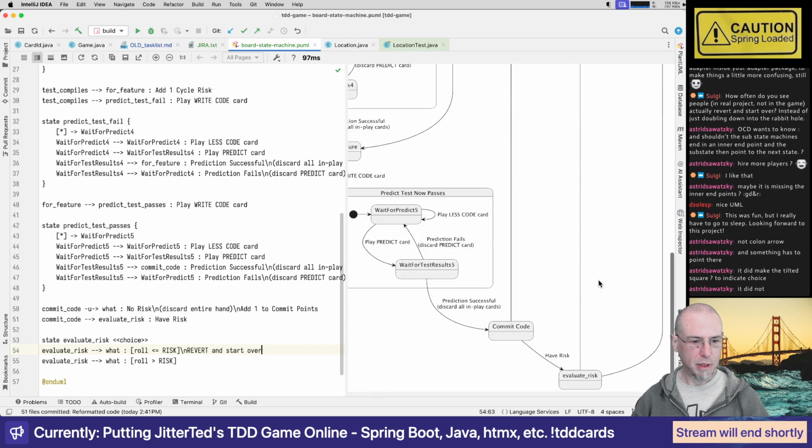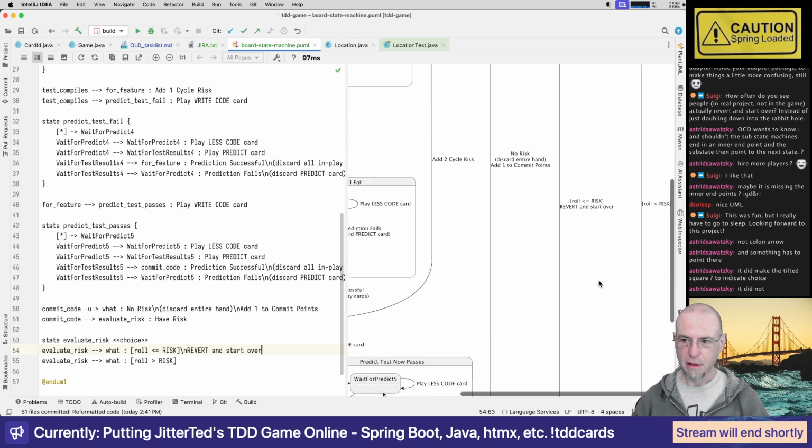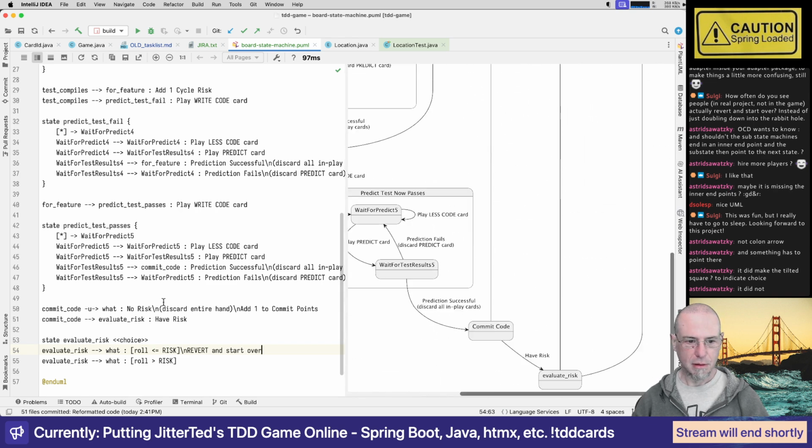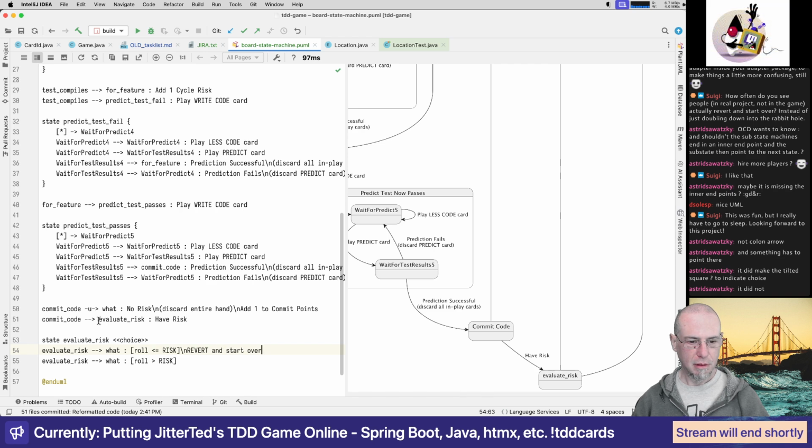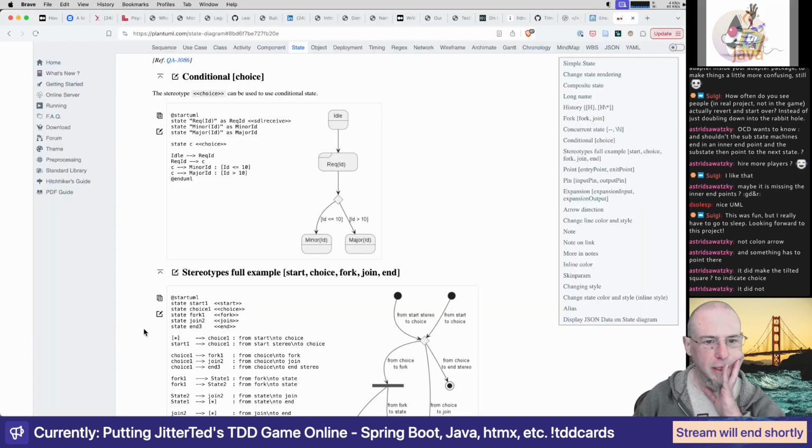Oh, the tilted square went away. What happened? Is this not right? To have risk. Yeah, this should have been right.